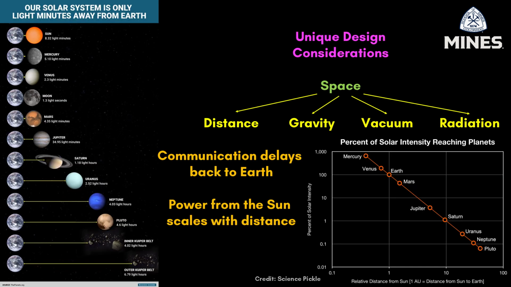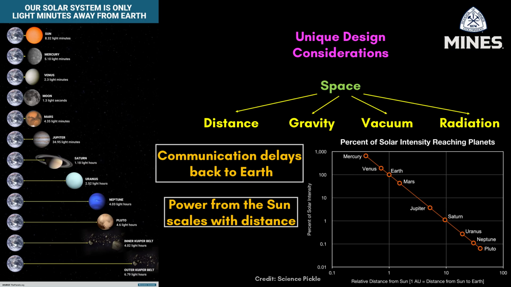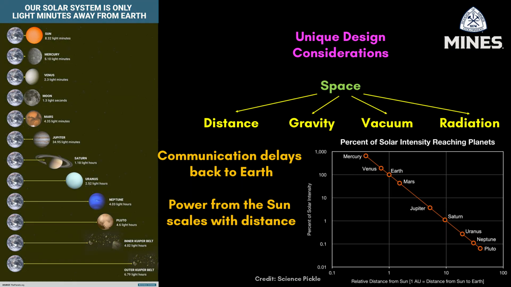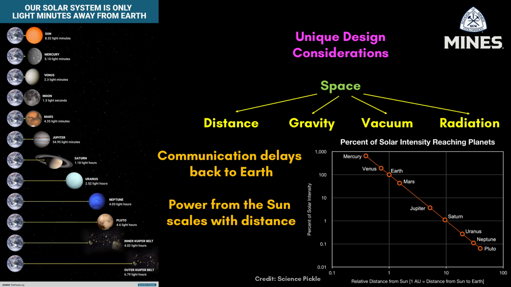Let's talk a little bit more deeply about distance. The two ways that distance impacts the way that we design and operate spacecraft comes in the form of communication delays and anticipated power generation. The image here shows the distance in light as measured in time between Earth and the various celestial bodies in our solar system.